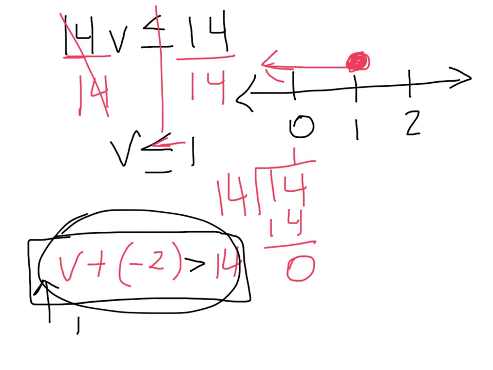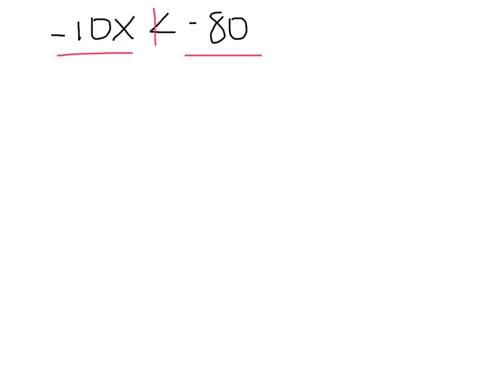Okay, let's try one more problem before this session ends. Let's try one where we have another negative coefficient. We have negative 10x is less than negative 80. We know that right now that is a multiplication problem, so we're going to divide on both sides of the inequality.